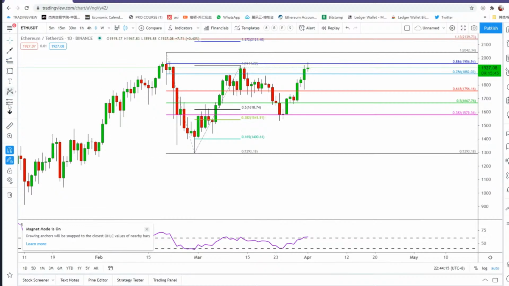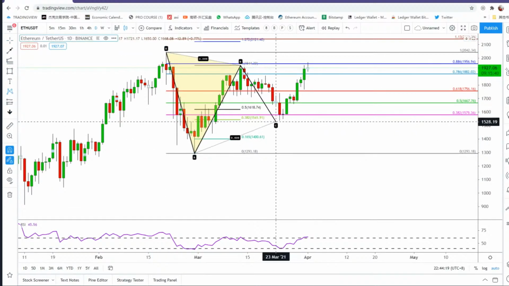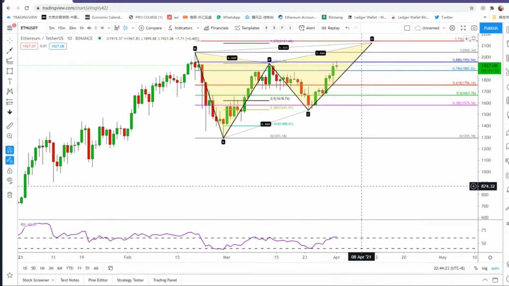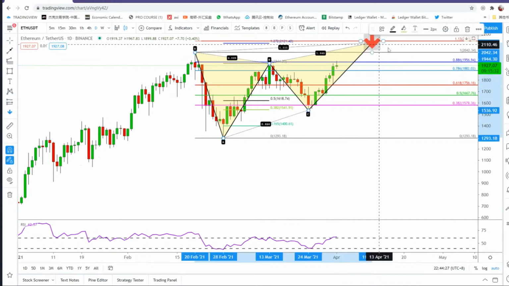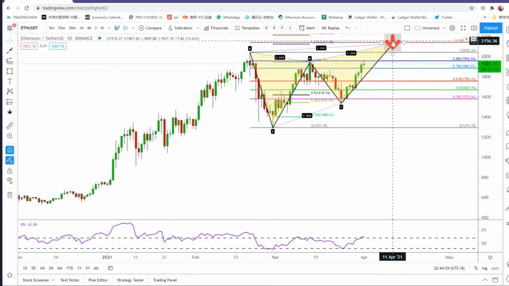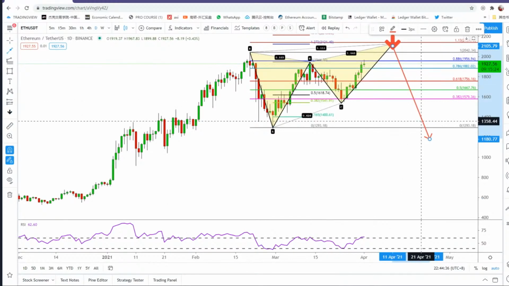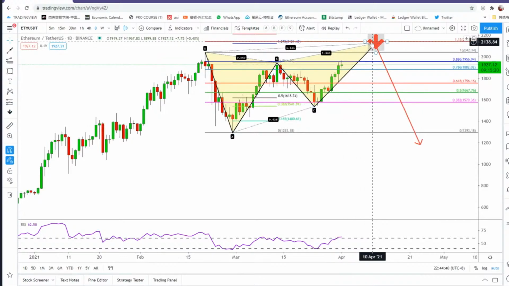This is telling us the butterfly pattern will complete at 2121. So if the price can rally to 2121, you can try to give a sell, because you're selling at a very extreme high place, and you'll really enjoy this downside wave. But there's a chance that it cannot go even higher than there.